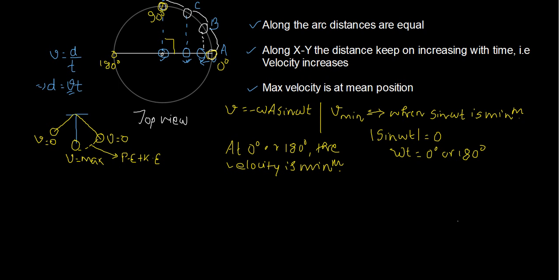So if I do the calculation for maximum velocity, that means V max, this is only possible when sine of omega t is maximum, or you can say omega t is equal to 90 degree or 270 degree.